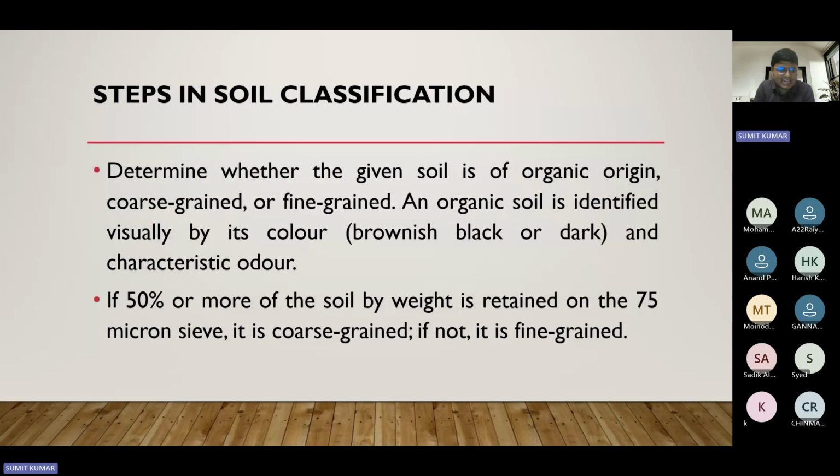An organic soil is identified visually by its color, brownish, black, or dark, and the characteristic odor. If 50% or more of the soil particles by weight are retained on the 75 micron sieve, it is coarse grained soil, and if not, it is fine grained soil. I have defined this very early when we saw the sieve analysis, right?